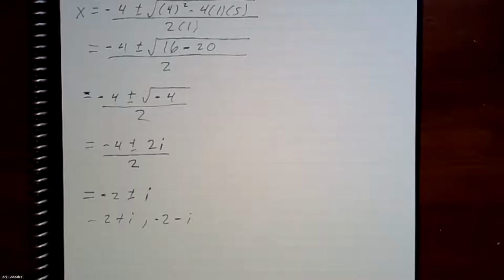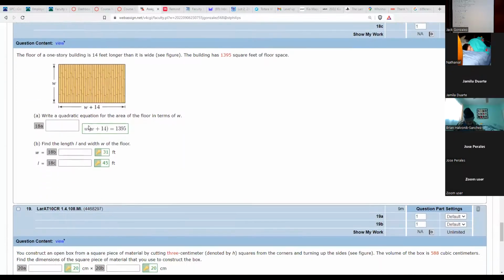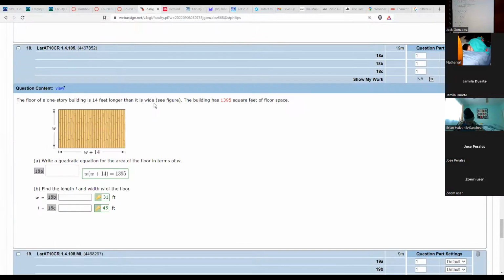Number 18. I deleted 2 of them, so you should only have 3 word problems. Trying to shorten it up for you.